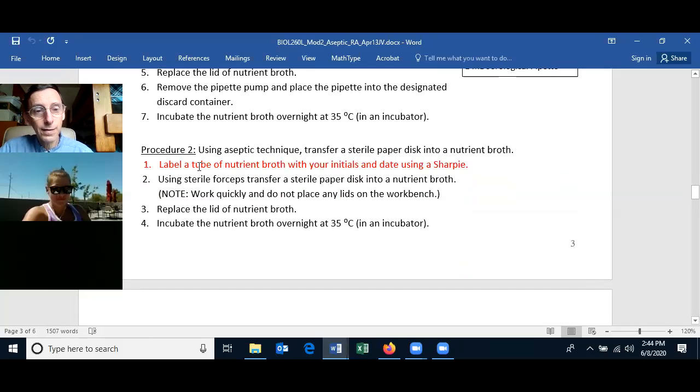You should label the nutrient broth with your initials, the date, the type of media, which is nutrient broth, and what you're inoculating it with, which is just the paper disc. If it's done correctly, you shouldn't see any growth or turbidity in the tube. If it is not done correctly, you will get contamination and you'll see turbidity.